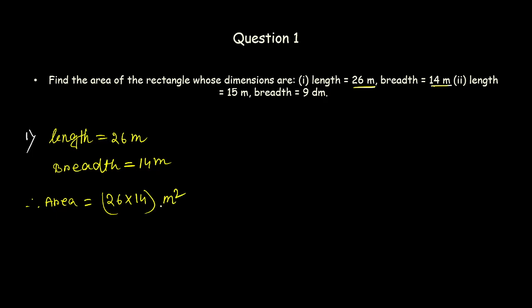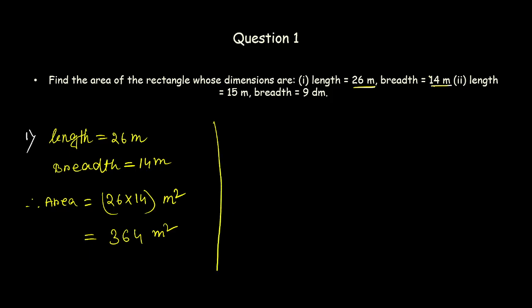For area the unit will be unit square always. Here meter, so meter square. So what is 26 into 14? You can do it in your rough, or if you know speed calculation, mind calculation, you can go for it. So 26 into 10 is 260 and 26 into 4 is 104. So 364 meter square.